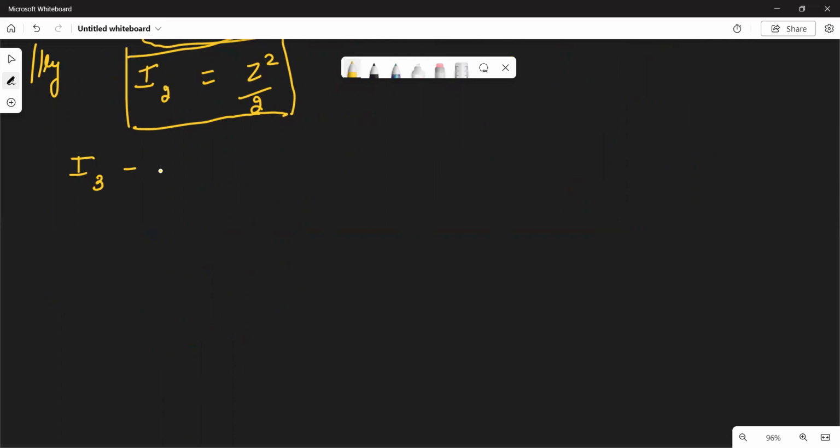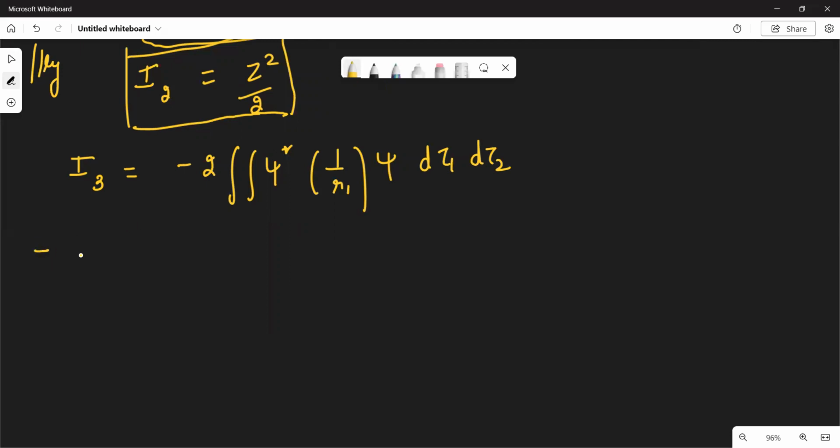I3, which is equal to minus 2 double integral psi star 1 by R1 psi d tau 1 d tau 2. So here we will substitute the expressions for psi star.